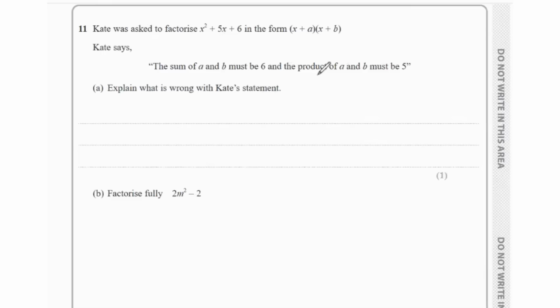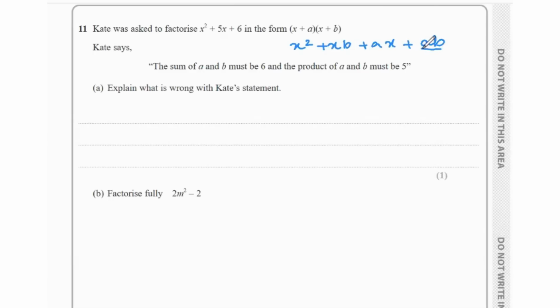So if you're someone who has factorized enough quadratic equations by now, you would know that it would be the sum of a and b that must be equal to 5, and it's the product of a and b that must be equal to 6, because when we expand this, it's x squared plus xb plus ax plus ab.